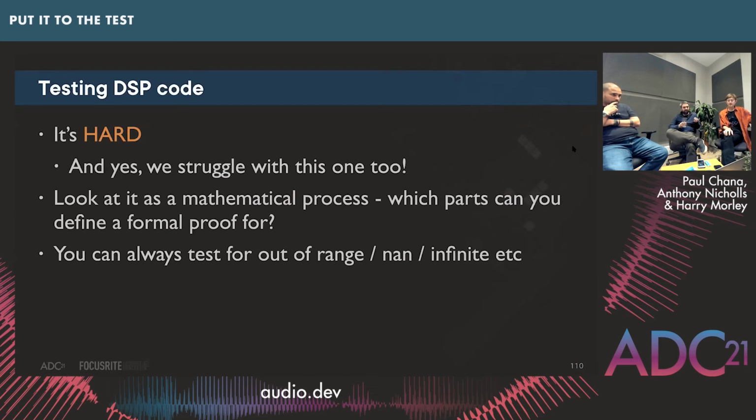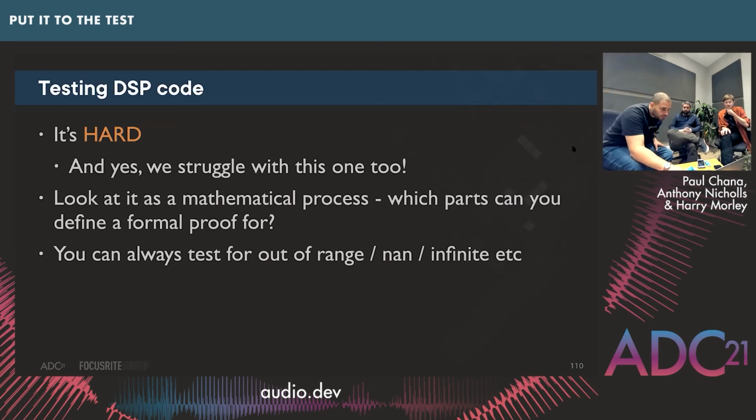Then it was agreed that 5 samples, even at 44K, was less time than it takes for a USB microframe, so we were happy with that. We just had to encode that in our tests and say that we were allowed a margin of error of 5 samples either side. So that is a way that you can start to deal with that. And that becomes part of the documentation of that tool itself.